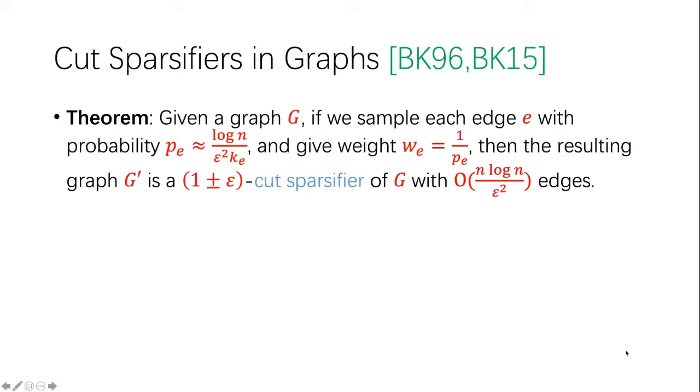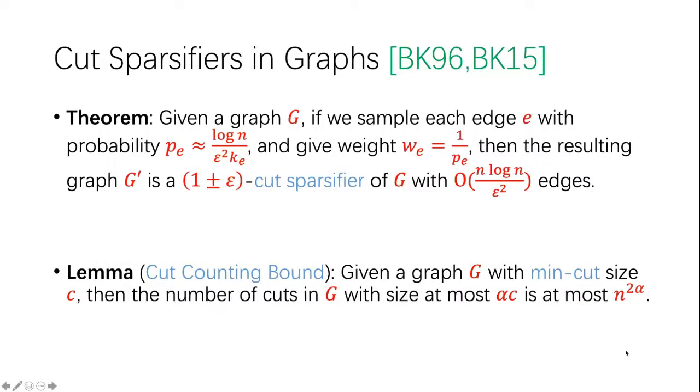There is a key step in the algorithm called the cut counting bound, which shows that given a graph G with minimum cut size C, the number of cuts in G with size at most alpha times C is at most n to the 2 alpha. This means that if alpha is a constant, the number of such cuts is polynomial, which allows us to use the union bound to prove the concentration of all cuts.